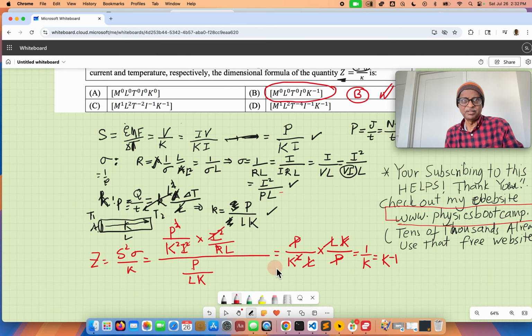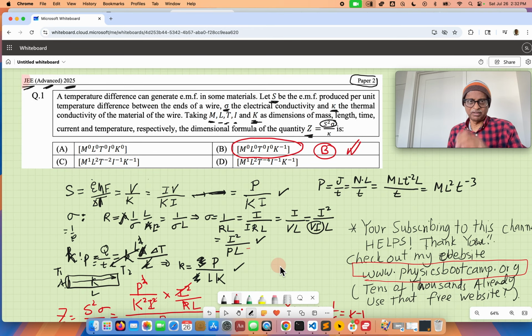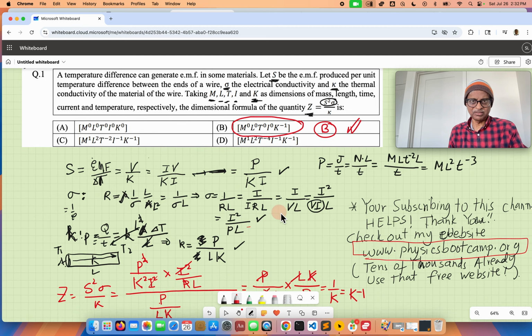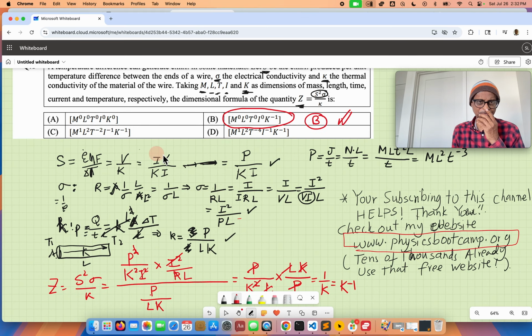Okay. All right. So what is this thing trying to test here? It's trying to test some things like, can you get to the power here? Like IV. Do you remember the formula for power? So you can go from V into IV, so you can go into power there. Another place to try to remember is, do you remember rho equals 1 over sigma?